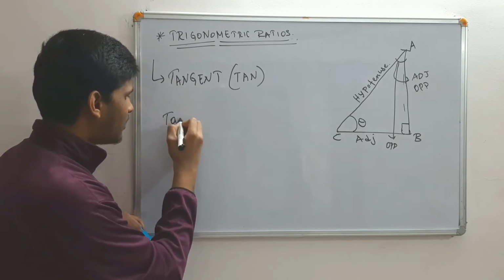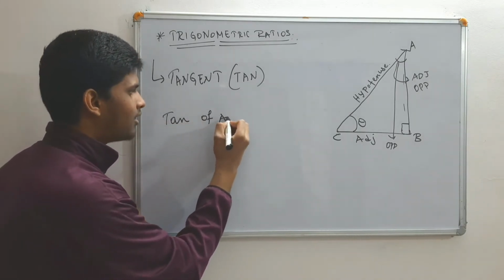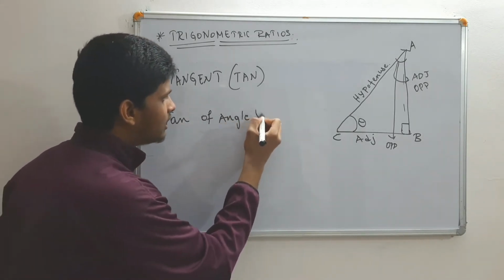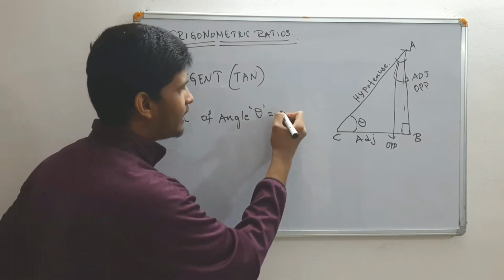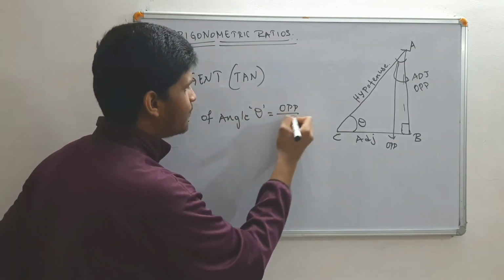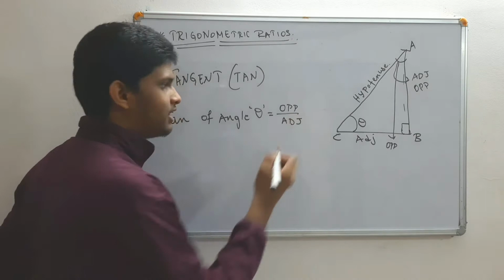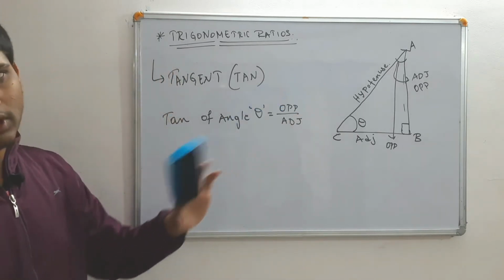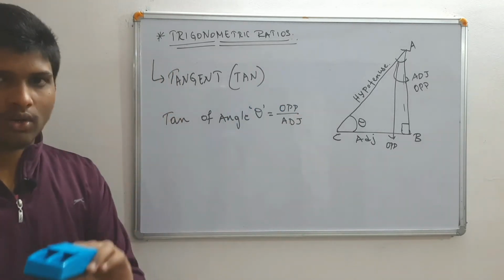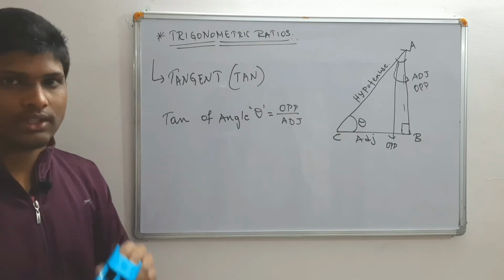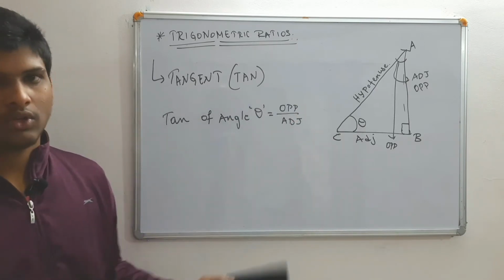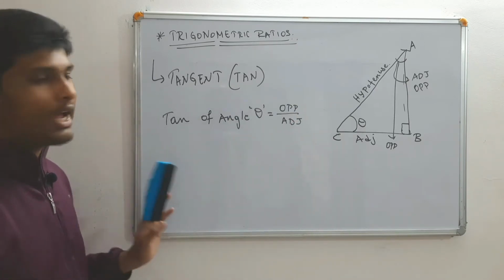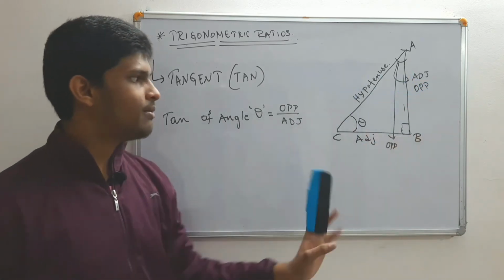So tan of angle theta will become opposite side by adjacent side, and this time there is no need of any hypotenuse here. For tangent or cotangent, we are not considering the hypotenuse side. So tan of any angle theta is opposite side by adjacent side.